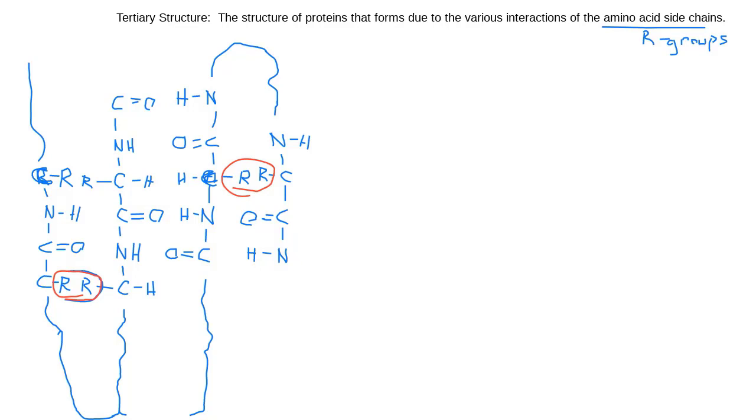And I apologize, my writing is a little bit sloppy, but it's the R group interaction that's responsible for the tertiary structures. There are basically 5 different types of interactions that are responsible for tertiary structures.